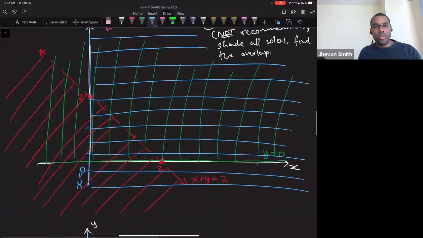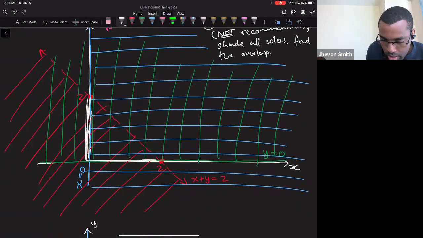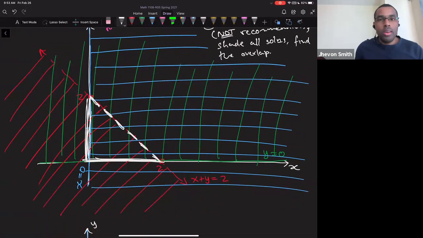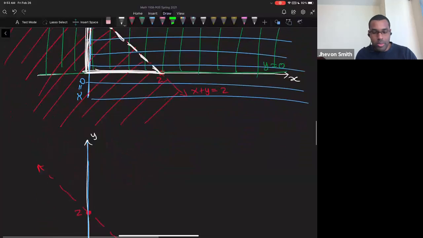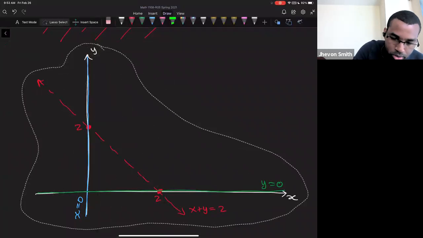So here you can realize where all of these actually overlap. It's actually this little triangle right here, where everyone is satisfied at the same time in that overlapping region.